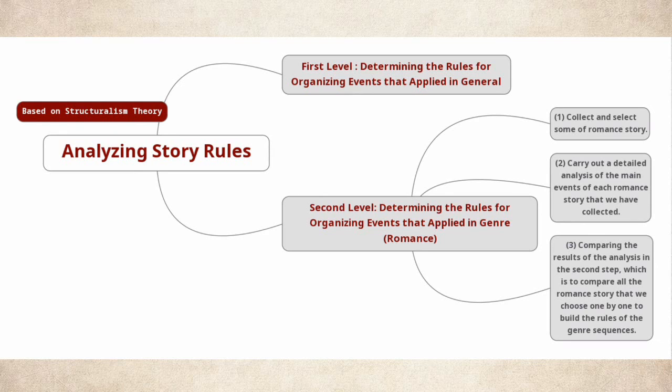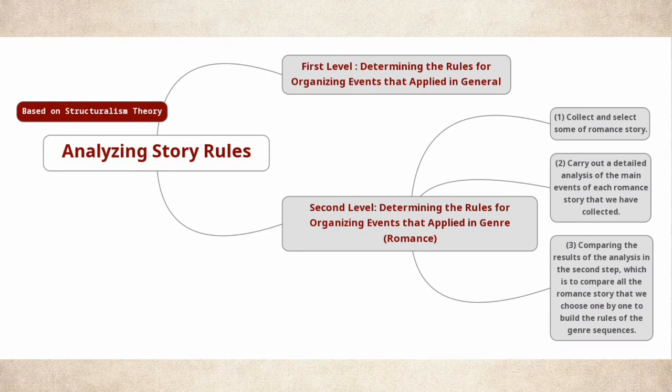Here are 3 steps that must be taken. The first step is to collect and select some romance stories. We can also choose a specific story medium, whether in the form of novels, short stories, films, comics, manga, and other forms of medium. It cannot be determined exactly how many texts should be collected. It depends on the extent to which rules can be found.